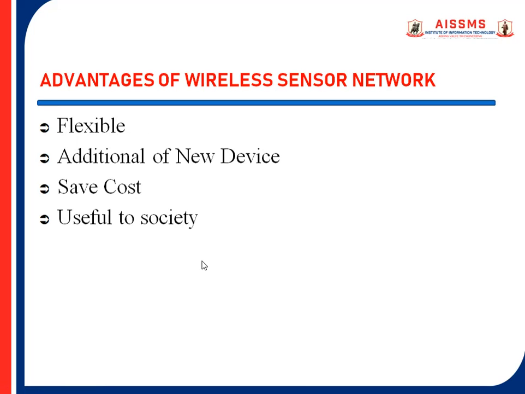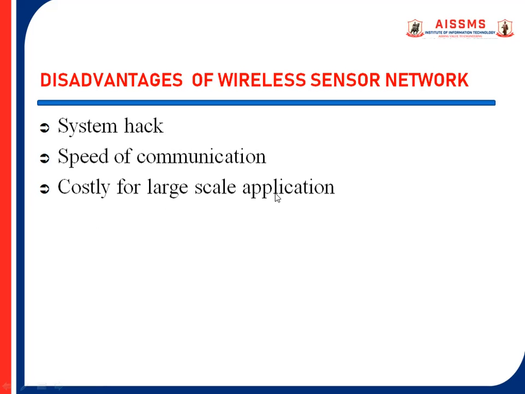Advantages are that it is a flexible system, addition of new devices is possible, it will save cost and is useful for society. Disadvantages are the possibility of system hack, so we have to follow security levels, speed of communication, and it is costly for large scale applications.